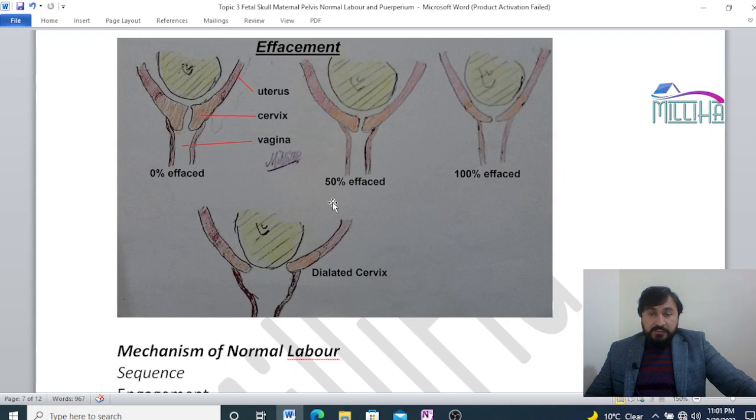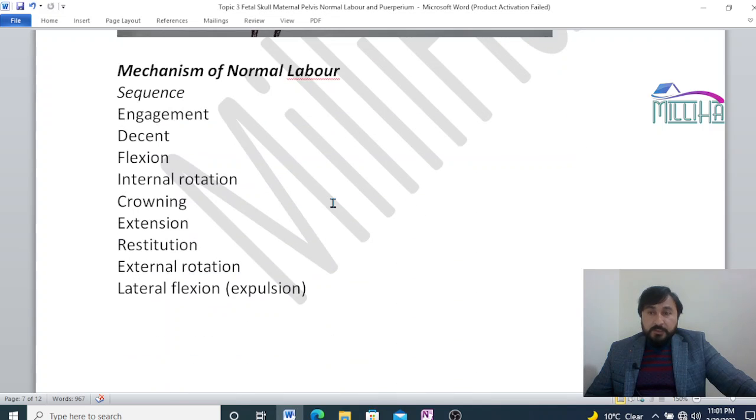Let's take a screenshot and proceed to the next. This is the sequence of the mechanism of childbirth. The head of the fetus, or whatever the presentation is, comes and engages with the diameters of the pelvis. That's called engagement.